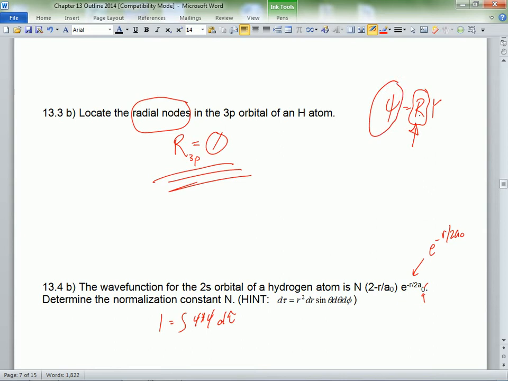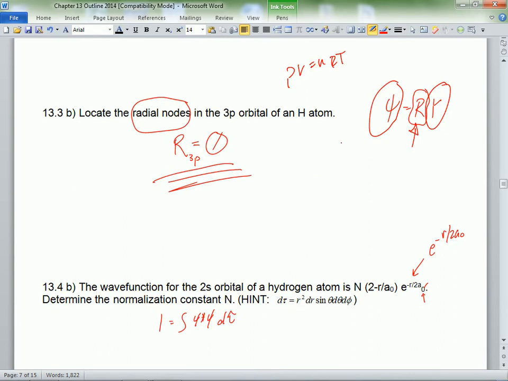If you don't know that R represents the radial wave function, you're screwed. If you don't know Y is spherical harmonics, you're screwed. It's just like PV equals nRT. If you don't know what these different little symbols represent, you can't do this stuff. So you've got to know what these different symbols represent.